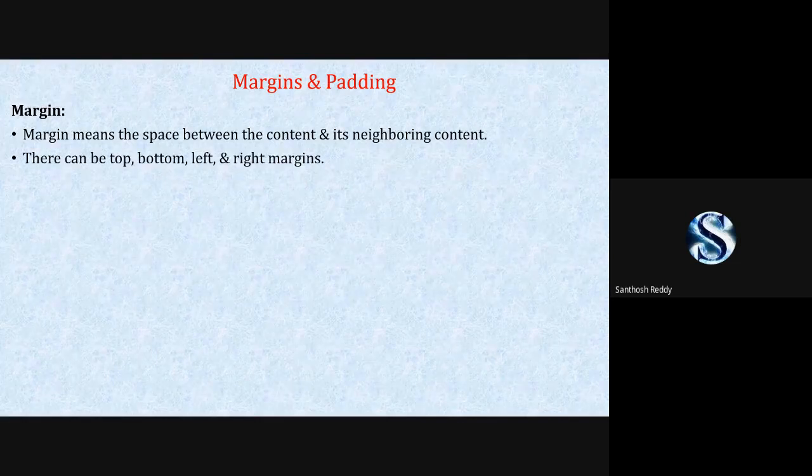Next, there can be top, bottom, left, and right margins. If I want to specify, for example, think this is your window and I want to write hello. My hello should have an 8 pixel gap from the top margin, 8 pixels from the left, around 60 pixels from the bottom, and around 20 pixels gap from the left.